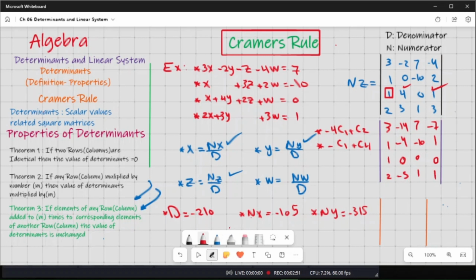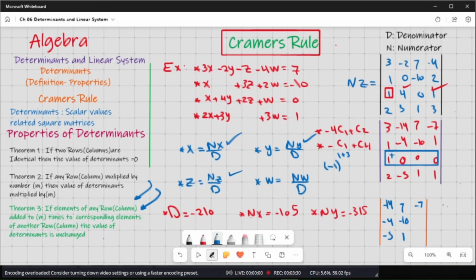Okay, so just we have here our row, and this element has a sign of negative 1 to the power first column plus third row. So here we have positive sign, so just write down its minor: negative 14, negative 4, negative 5, here 7, negative 10, 1, negative 7, 1, 1.